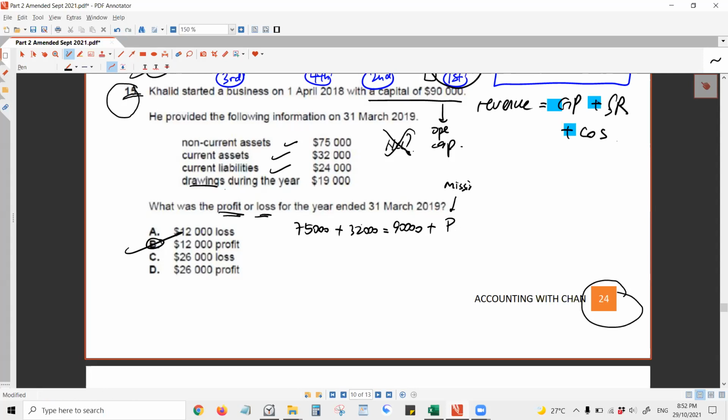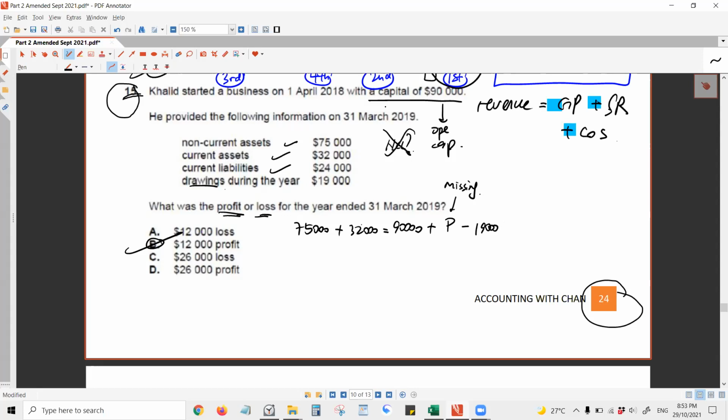P stands for profit here, I just want to save time. Minus drawings. Is there additional capital in this question? Is it a must to have invested more money during the year? Not necessary, right? If there's no additional capital, then it's not here.